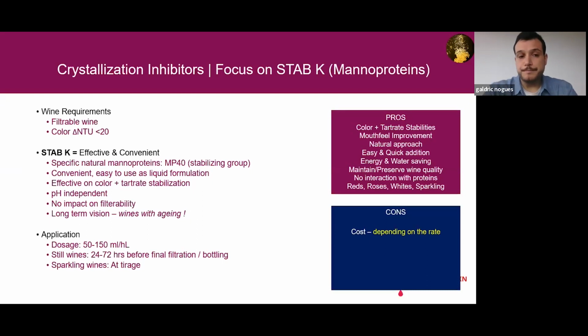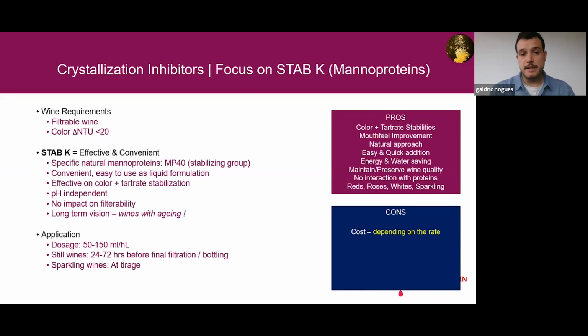So to sum up a little bit about the StabK, the wine requirements: we have a bit less than the CMC, so the wine needs to be filtrable. So there has to be a good filtrability. The delta NTU, as much as possible, should be under 20, but anyway, the StabK will improve this delta NTU, so will improve the color stability.